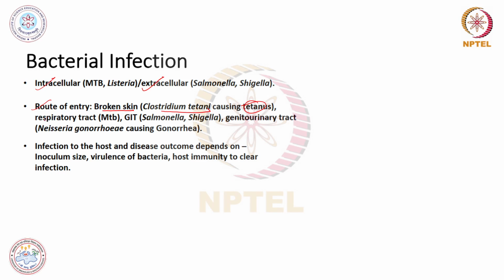Then the next route of entry is via your respiratory tract. This is mediated by Mycobacterium tuberculosis. That's why we say that you should keep a little distance from TB patients, because TB patients have a respiratory disease. They will continuously sneeze or cough because their respiratory tract is completely infected.